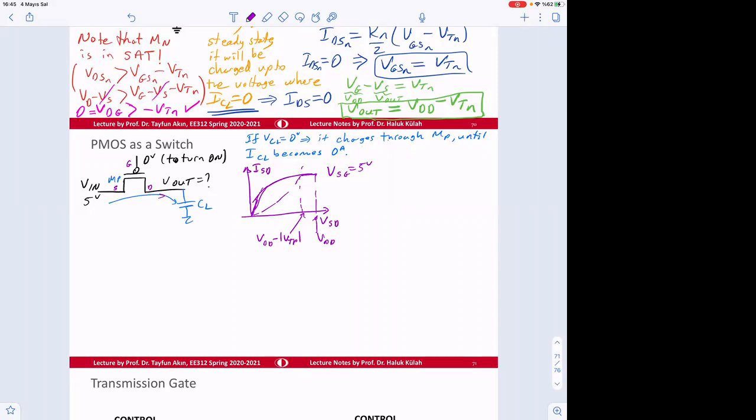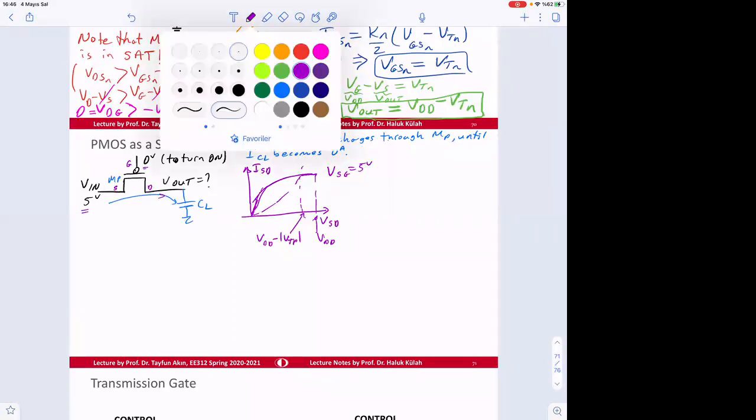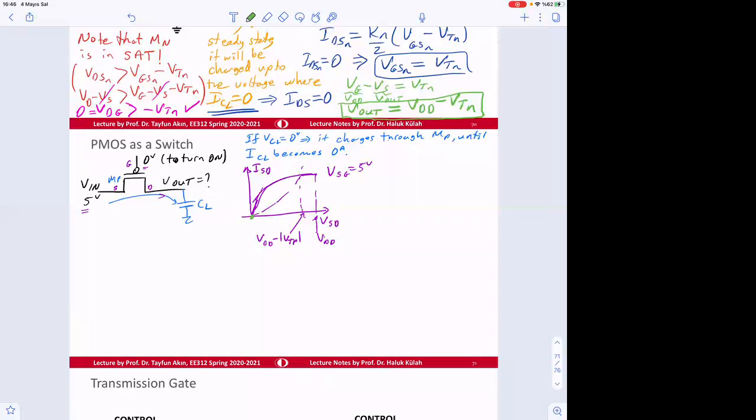Since that's the source to gate, because source is 5 volt, gate is 0 volt, source to gate is 5 volt, and this here is the operating point now. This is the point where ISD is equal to 0. So if this is the case, then V source to drain is also equal to 0.